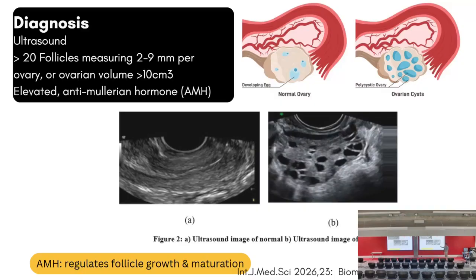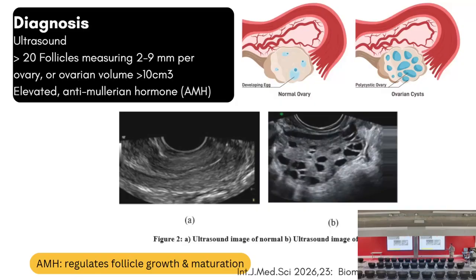Under an ultrasound, we can see the image to my right. We have got what we describe as a normal looking ovary on here. And then we've got one on the left, which has got more follicles within it as well. We're looking at having 20 follicles or more, measuring between 2 to 9 millimeters, okay?